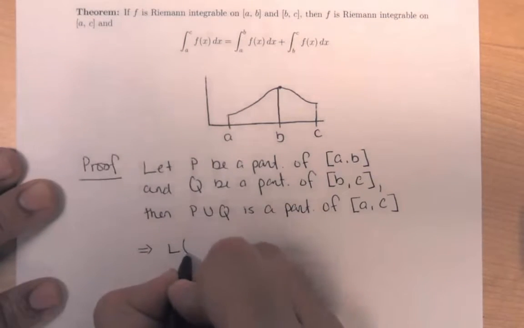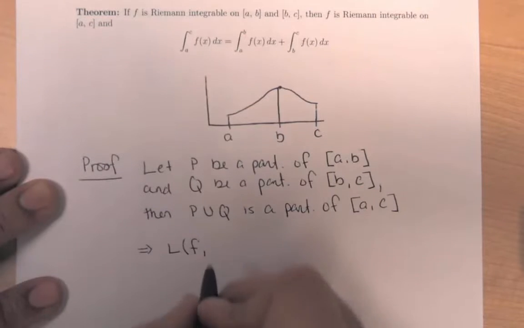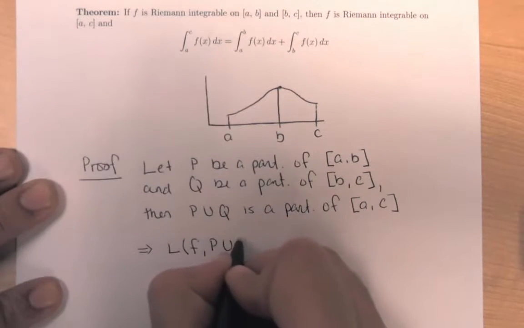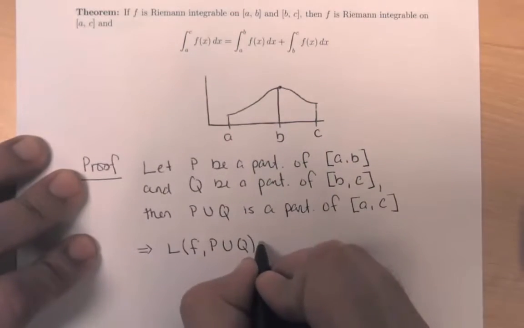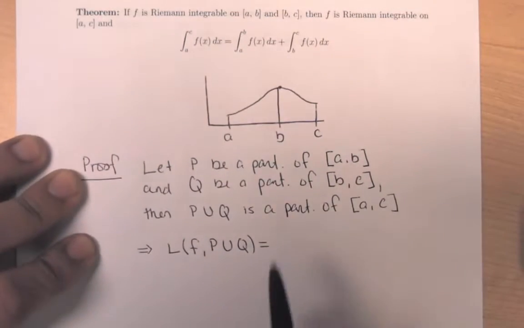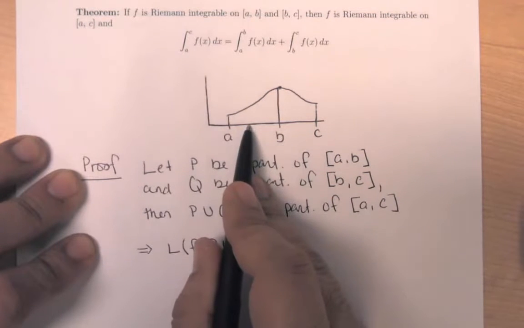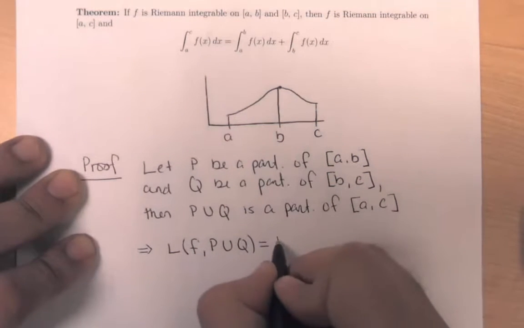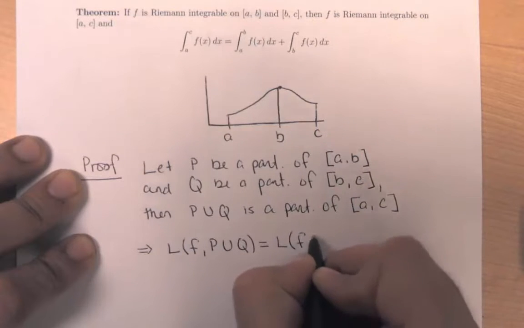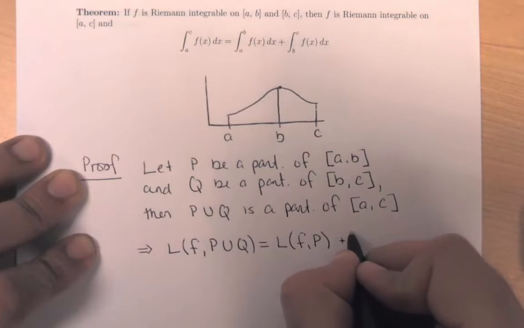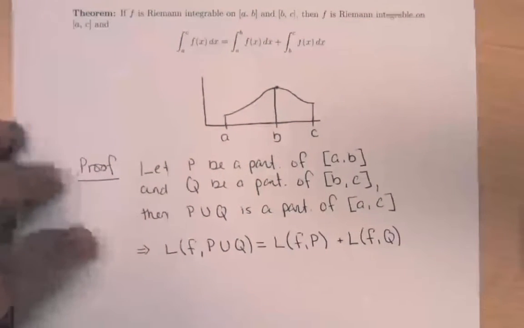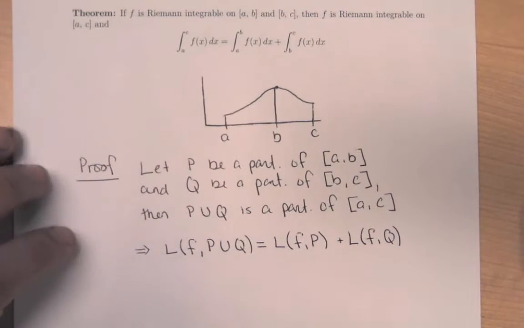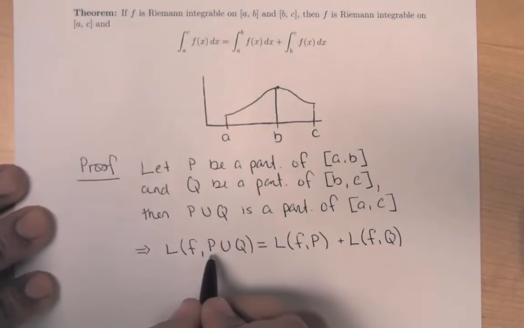Therefore, if I were to look at the lower sums of f over the union of these partitions, well, right, I would be summing these rectangular areas plus these rectangular areas. So let's consider every such partition.